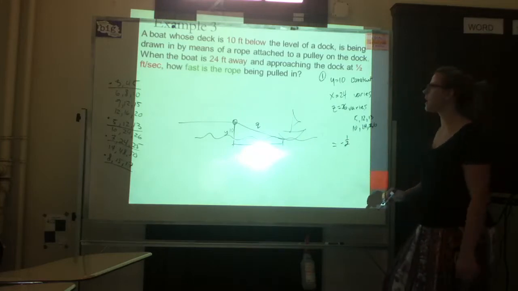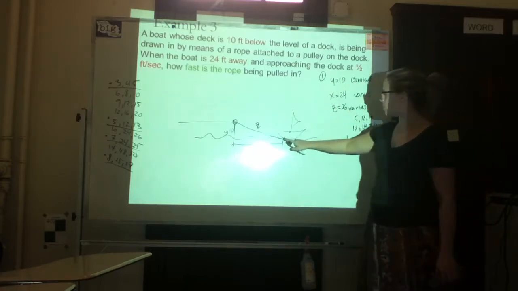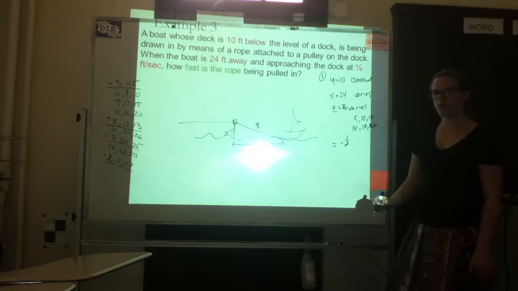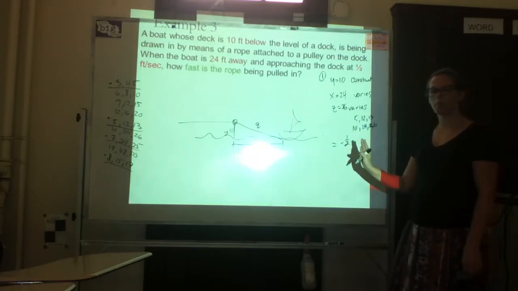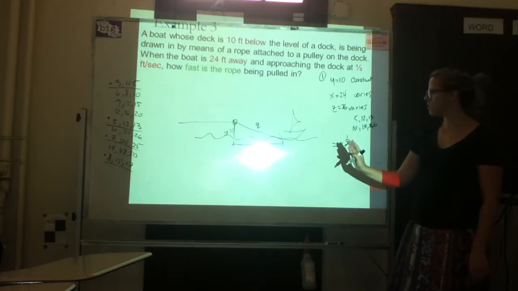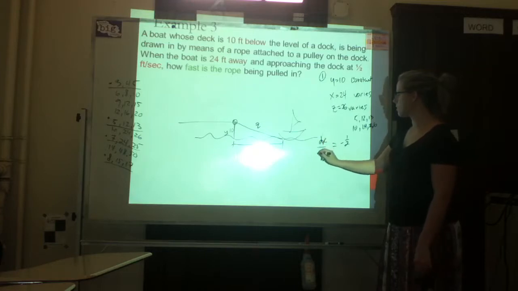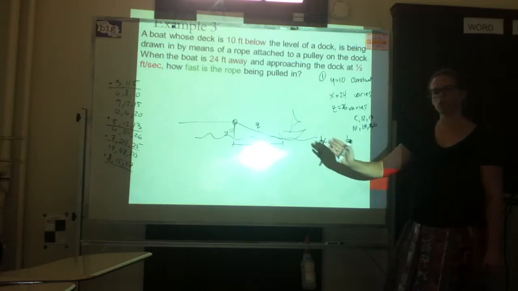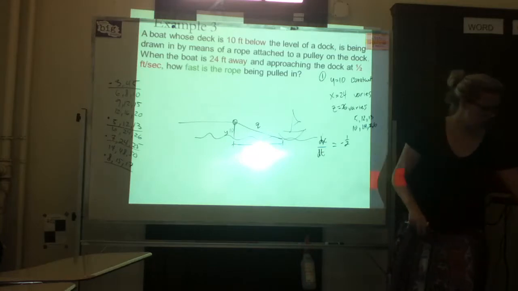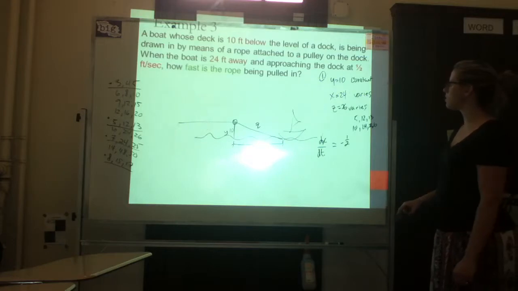The boat is approaching the dock, so think about what variable you'd represent that with. This would be dx/dt, the rate of change in that horizontal distance. I got some animations to pop up here, so I'll just leave them out.